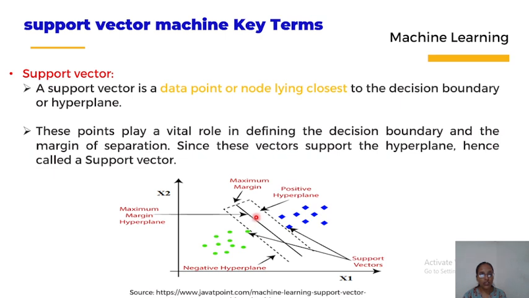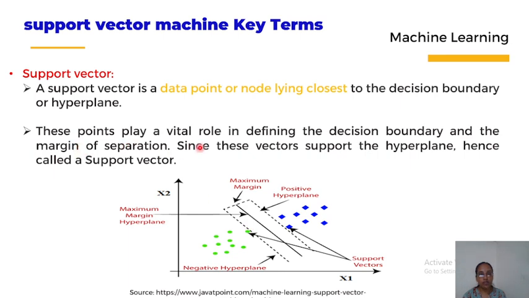And these two are the support vectors, the data points which are lying closely to the decision boundary. That means these two points are close to this hyperplane. That's why it is called a support vector. They are supporting that hyperplane.